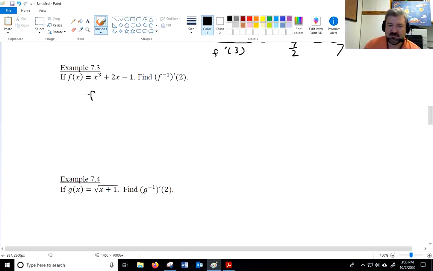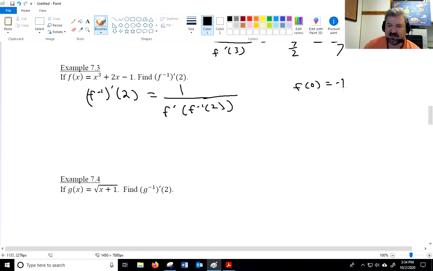Well, we know that f inverse prime of 2 is equal to 1 over f prime of f inverse of 2. So maybe we can figure out what f inverse of 2 is. Well, usually it's going to be a pretty small number you can try out. So let's try f of 0. What is f of 0?